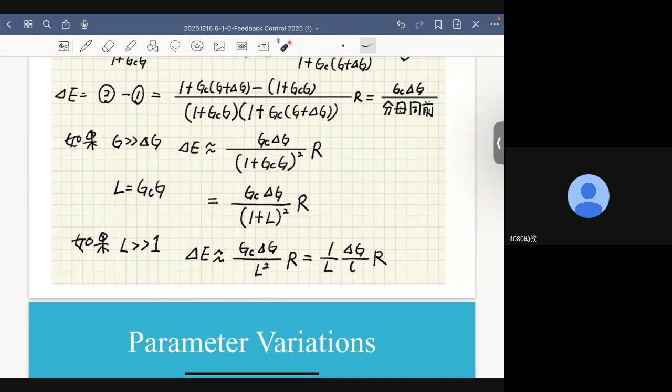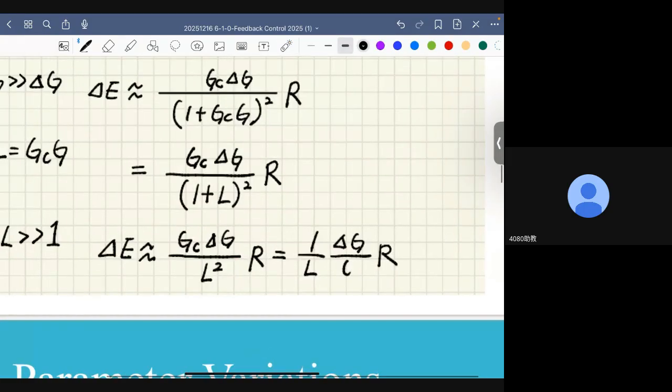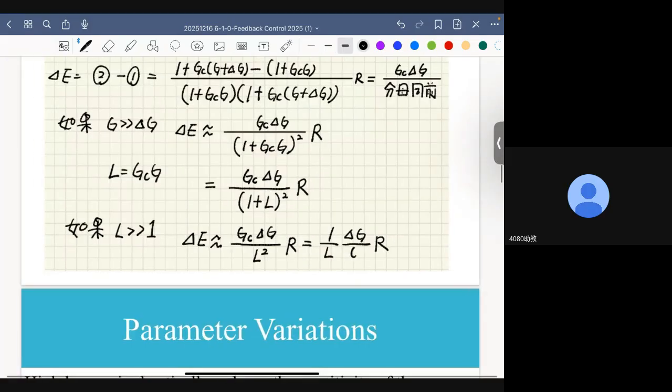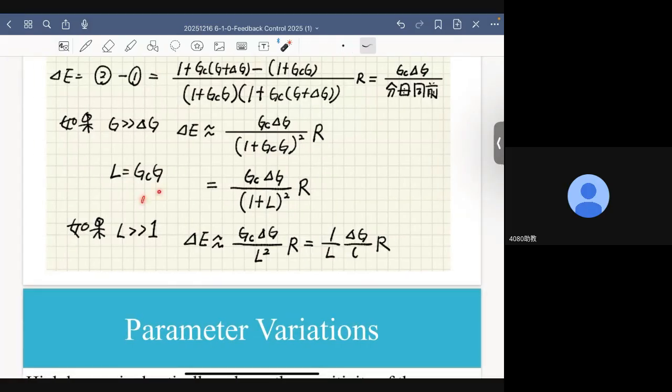Now, here, remember the basic definition of L, which is the product of GC and G. I can now rewrite this representation as this. Okay. So what does it tell us?